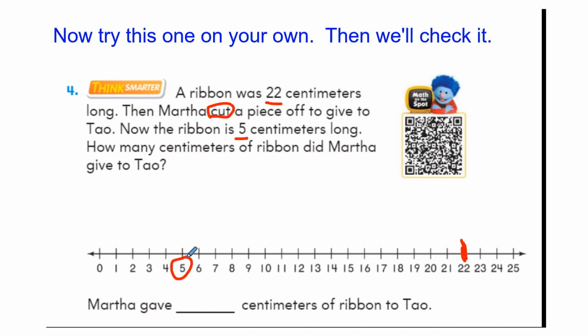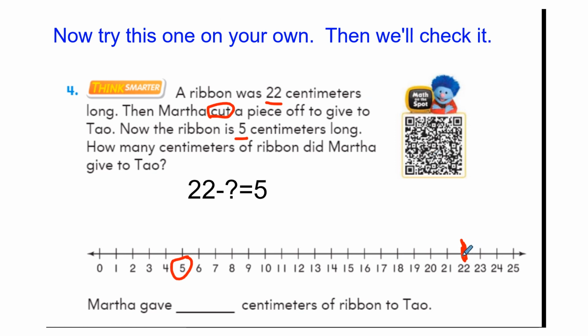Okay, so we are missing the number in the middle, aren't we? So we have 22 minus a number equals 5, and we have to figure out what that number is that is missing.